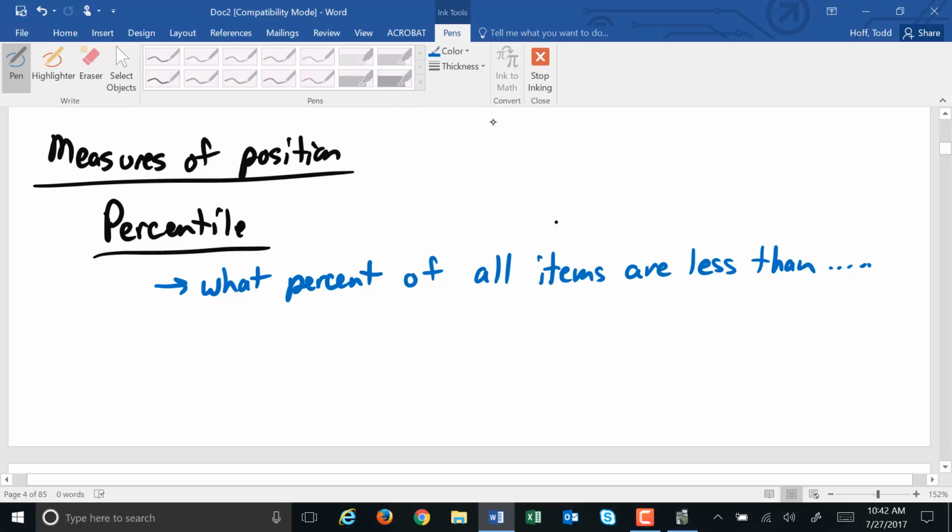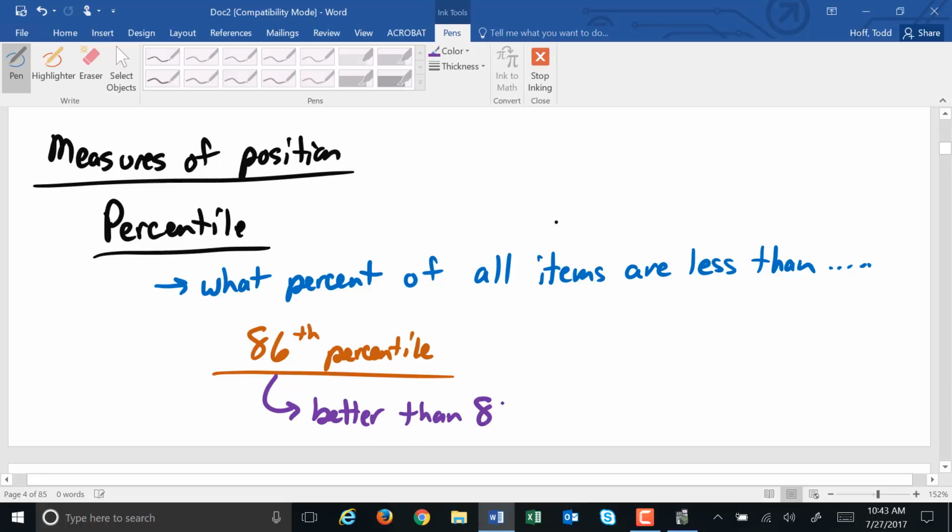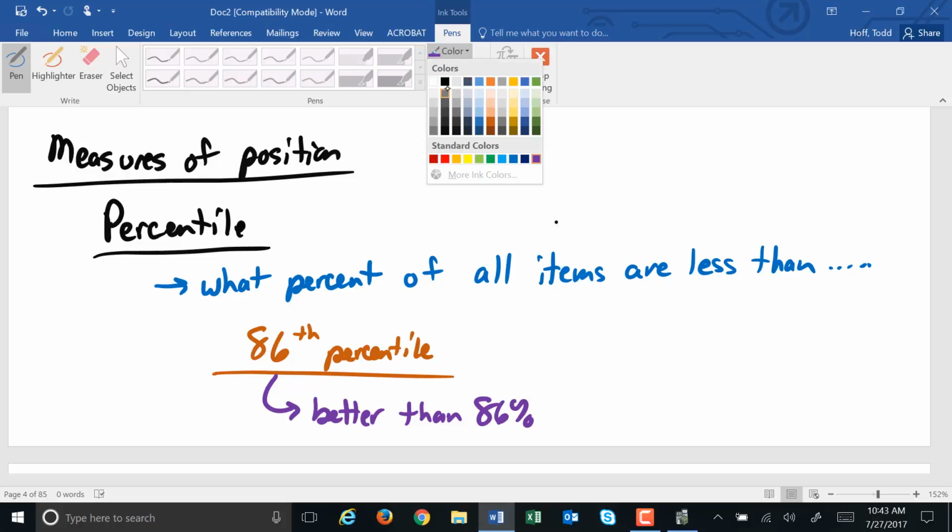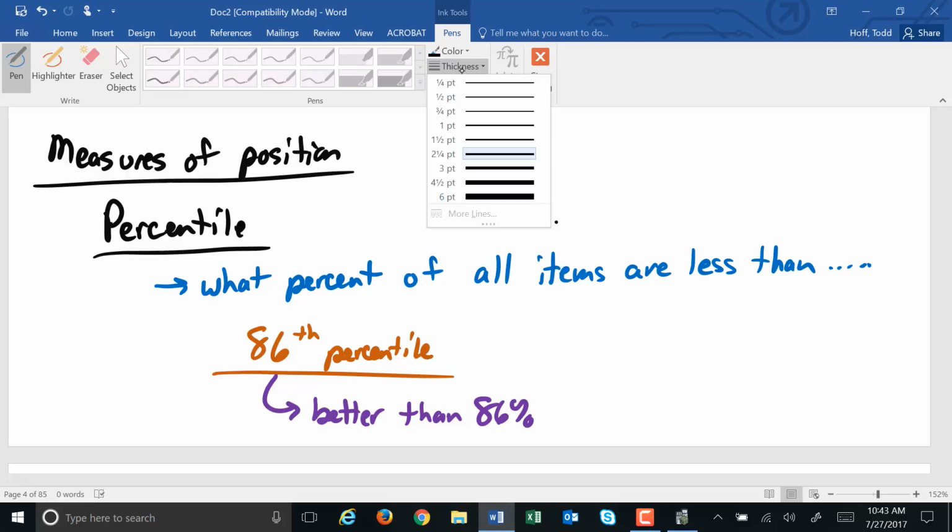So if you have kids, or if you're younger, you might remember doing it yourself, taking a standardized test and being told you are in the 86th percentile. What that means is you scored better than 86% of all the people who took the test, or 86% of the people scored worse than you. However you want to look at it.